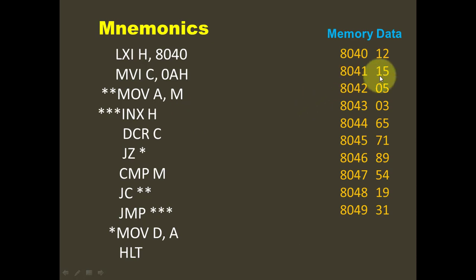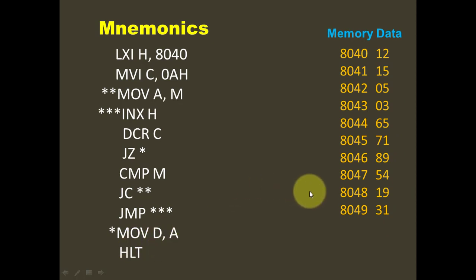If the second one is larger than the first one, we take this data byte into register A. Then this data is compared with the third one. If the third data byte is larger, then we take that into A. If it is not, then we go for the next data byte. So while traversing this array, the larger data byte will be in register A, and finally when we arrive at 8049, the largest data byte will be in register A, and finally we transfer it.